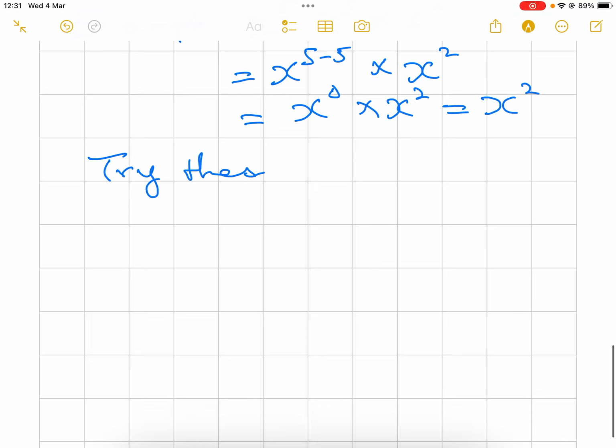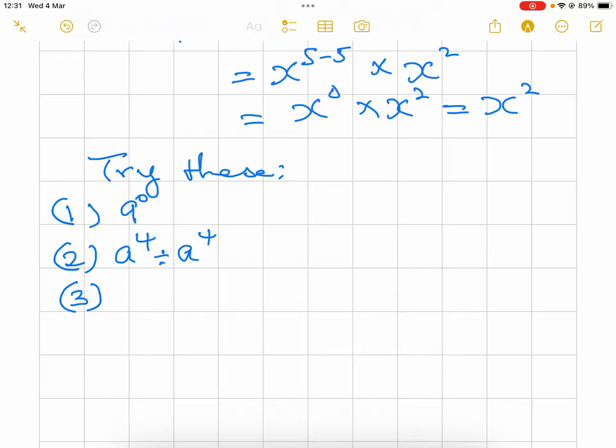Try this. You can just pause for 30 seconds and try this. Number 1, 9 raised to power 0. Number 2, a raised to power 4 divided by a raised to power 4. And number 3, 7 raised to power 2 divided by 7 raised to power 2. Have you solved that?